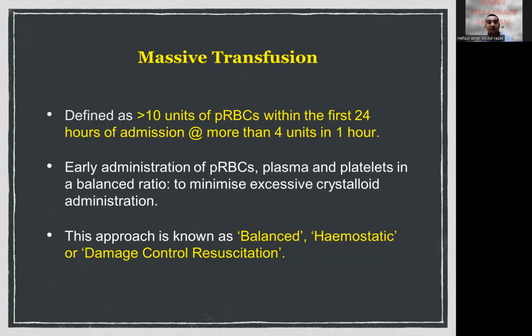MTP or massive transfusion is defined as more than 10 units of packed cell within the first 24 hours of admission, and more than 4 units in 1 hour. And early administration of packed cells, plasma, and platelets in a balanced ratio, this approach is called a balanced approach, or DCR, damage control resuscitation.